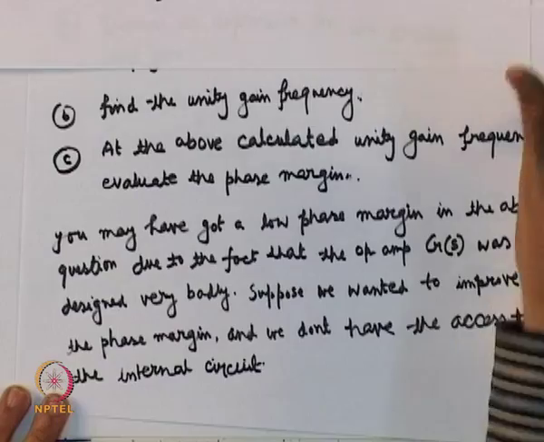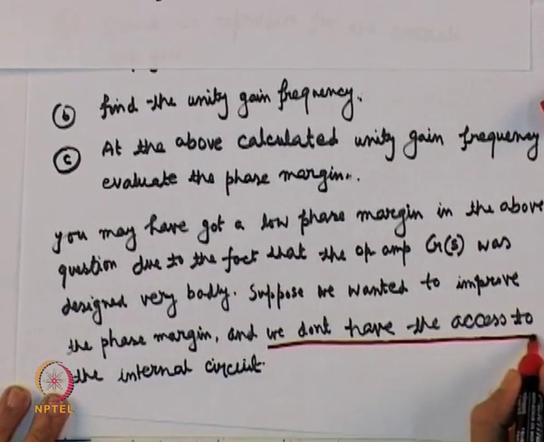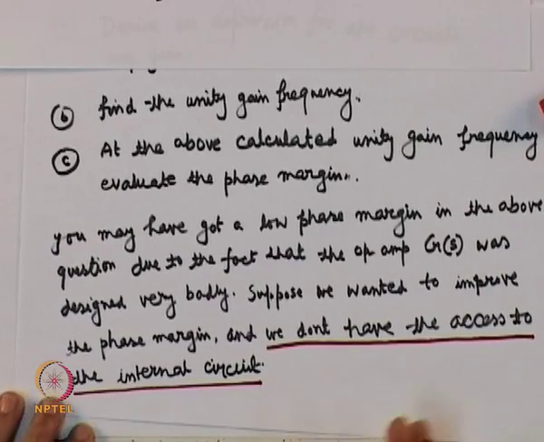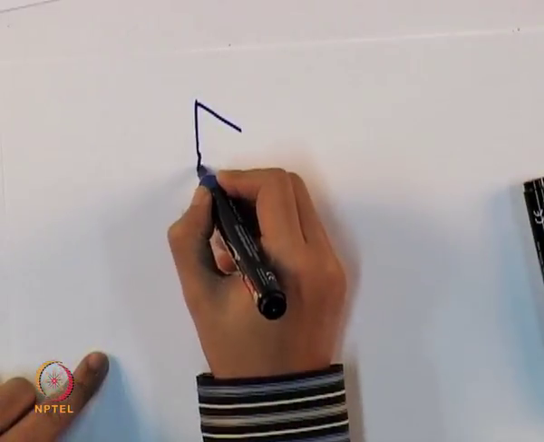This part is important because generally for any op amp we are not allowed to change the internal circuit. What we have to do is adjust the external resistor connections, and from that achieve what has been asked in the problem.